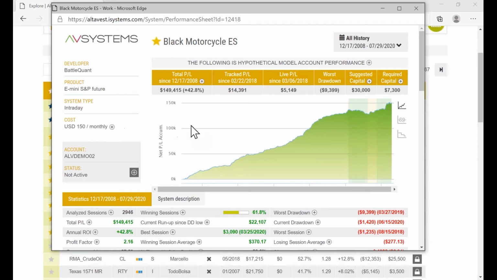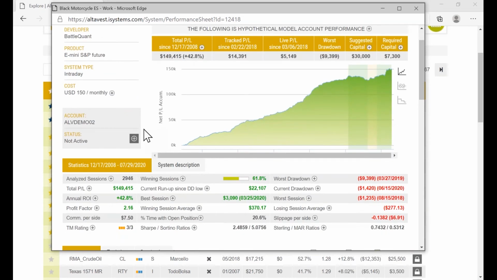And I'll also point out that all of the performance numbers are net of all cost. So I'll repeat, everything is net of all cost, all fees, all commission, all trading cost. So when you have numbers here that say annualized return on investment, 42.8%, that is net. That's a net number, net of all cost.